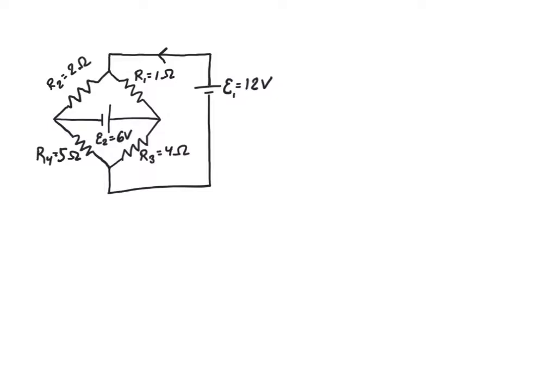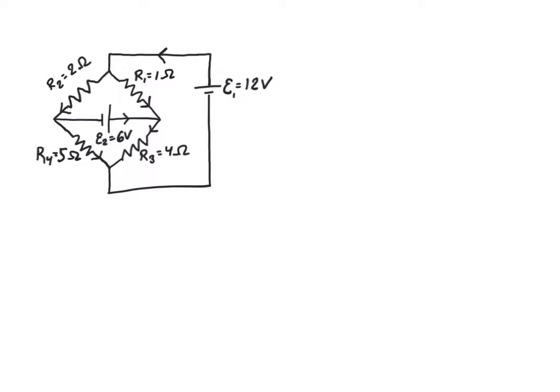And I'm going to assume that all of the current is flowing down. I'm going to guess that the current is flowing the correct way through this battery, and that the current is flowing in all of these directions.